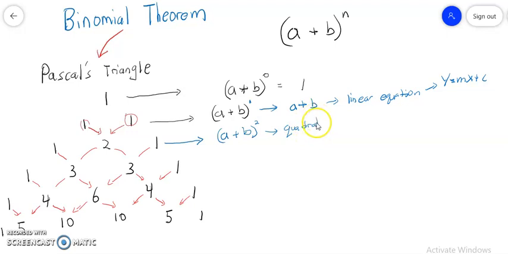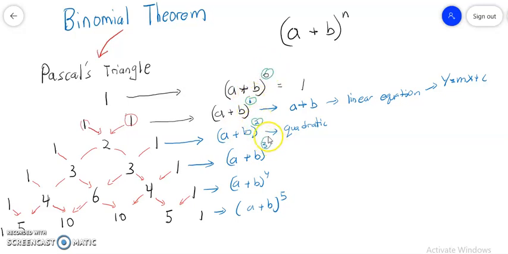The list here will keep going. I just list down the equation pattern, so you can see this is 3, this is 4, and here will be 5. As you can see, the numbers here come from the power of 0, 1, 2, 3, 4 and 5.